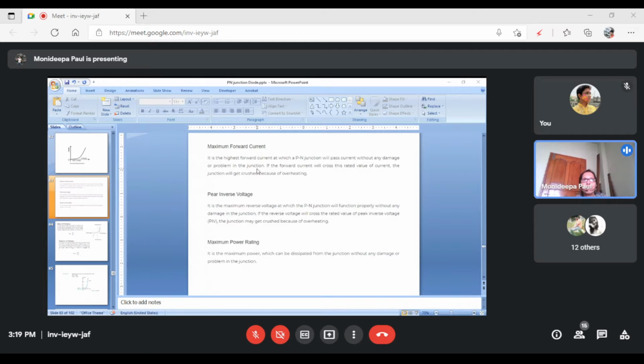If a large amount of current is flowing through any device, suppose you assume a DC machine. Everything is written on the DC machine: this is the voltage level, this is the current level, this is a series type DC machine, this is the shunt type, this is the compound type.